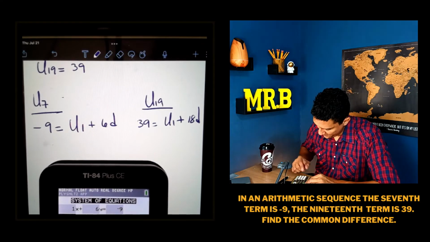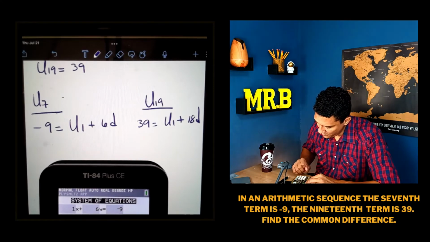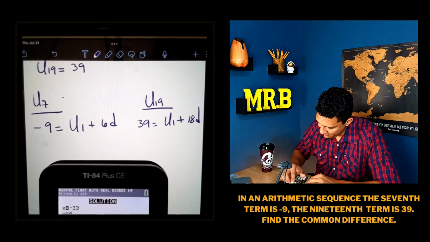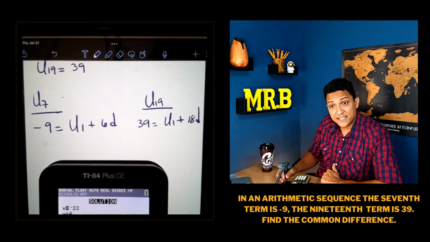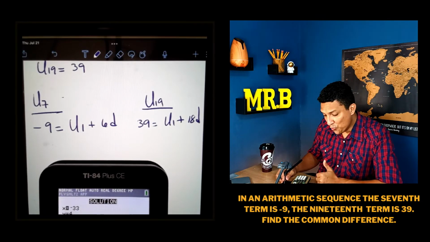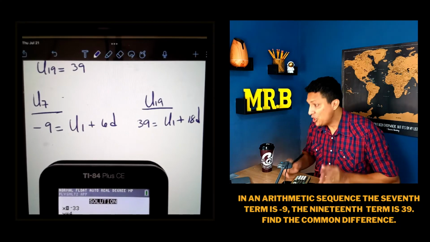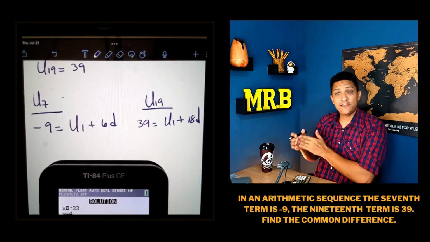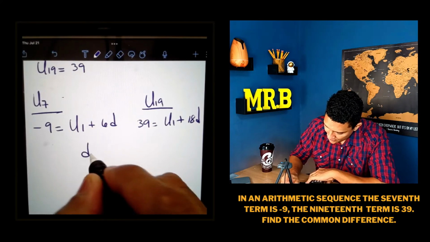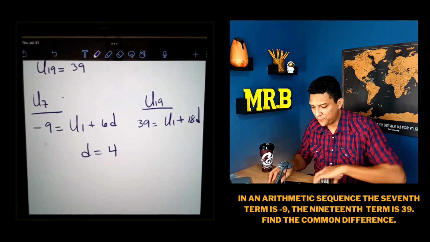Next one, 1 plus 18 equals 39, and then solve it. With this we have found that u1 is negative 33 and d is 4. Notice that the question is just asking us for the common difference, so I'm going to write here that d equals 4, and that's it.